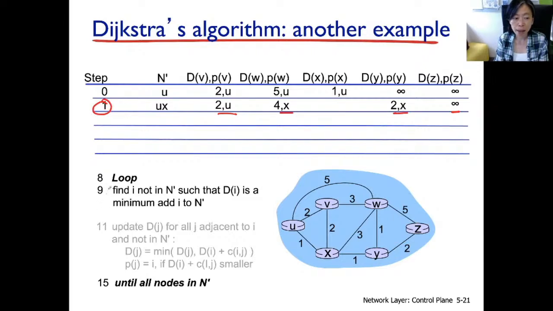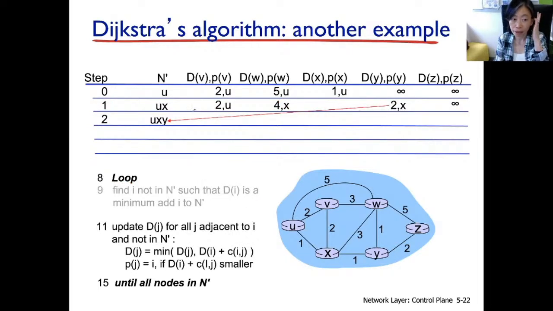And that takes us back to the second iteration of the loop, where we find another i where the Di is the minimum. But in this case, what we're seeing here is, whoa, 2, 4, 2. We do have a tie, so we need to break the tie by picking one of these. So let's suppose that we pick y, and therefore we include y into the N prime.